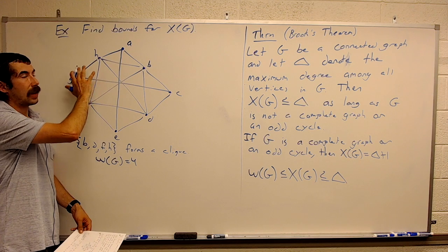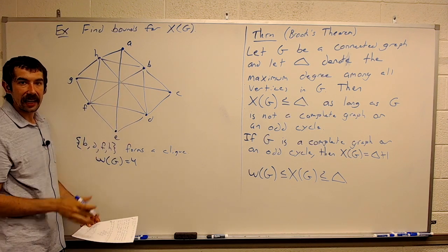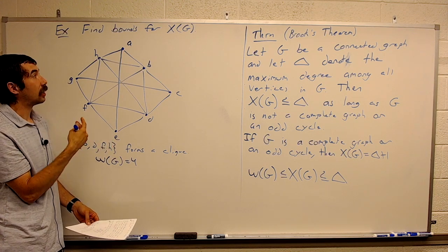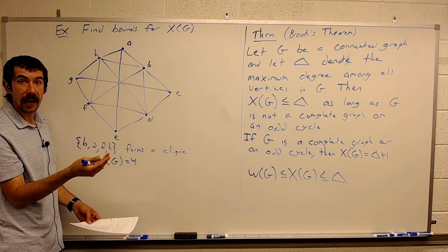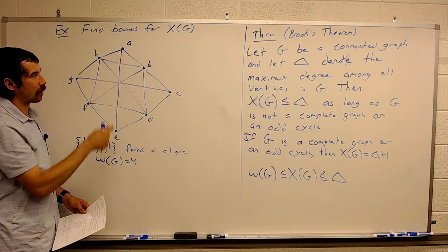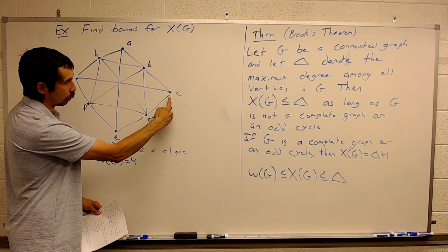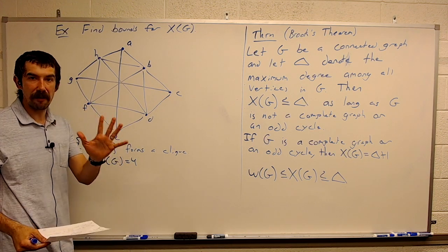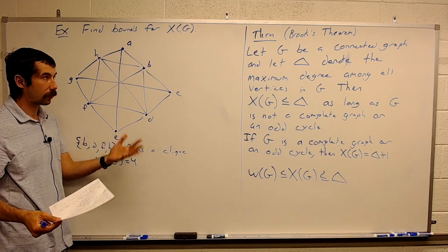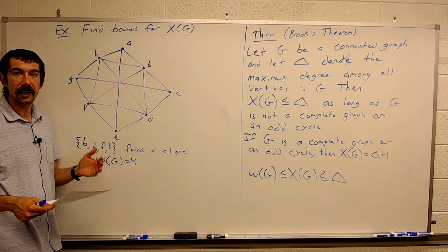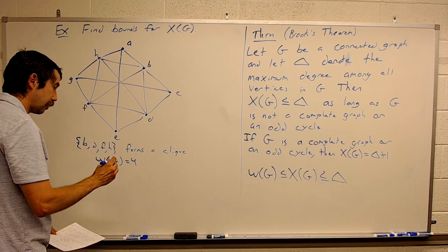Okay? Now we could go through and look at the degrees of each vertex. Degree 3, right? There's 3 edges out of it. Degree 5, degree 3, degree 5, degree 3, degree 5, degree 3, degree 5. 5 is the biggest degree amongst all the vertices. So delta is 5. All right?